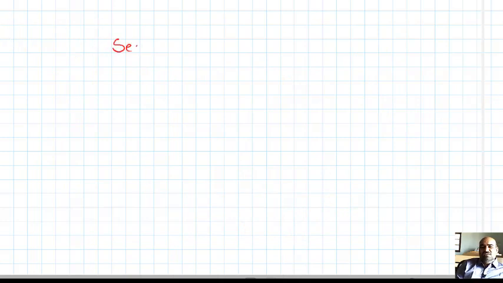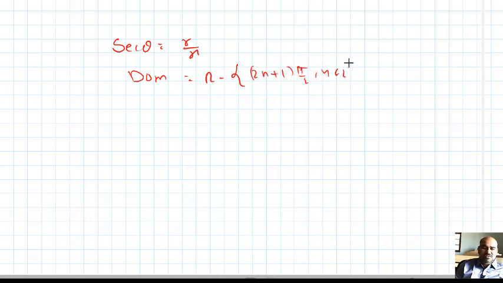secant. Secant theta equals r by x. Just now you got the domain: all real numbers except the angles of the form (2n plus 1) into pi by 2, where n belongs to Z. Observe r by x. Here x may be equal to r, but x is never greater than r.